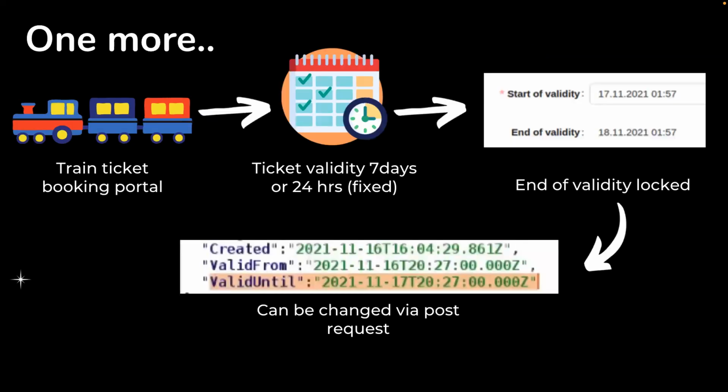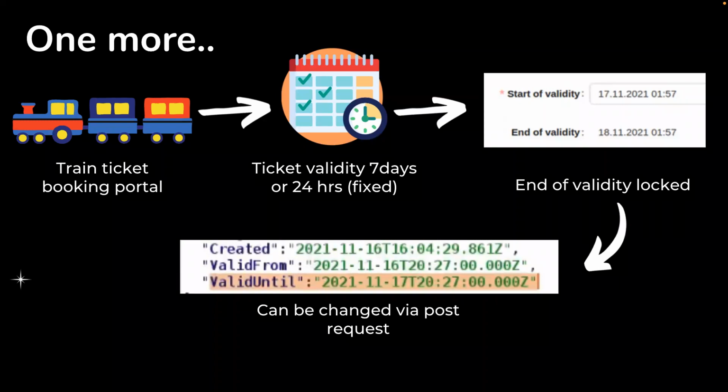Then there was one more scenario which I encountered. The application which I was testing was a train ticket booking portal. It listed the destination and the source stations, and it had some kind of pre-allotted ticket validity durations, for example 7 days or 24 hours.